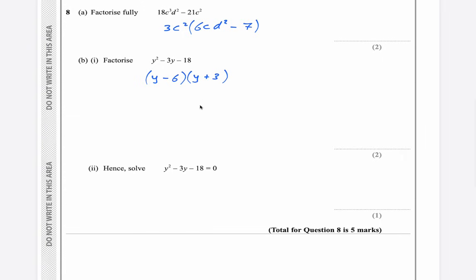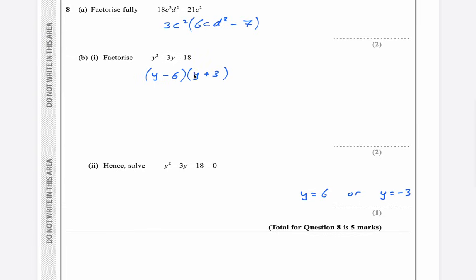So those are the factors. And then when he says hence solve this, well, it's only 1 mark, guys, so I'll just write down the answer. y equals 6 or y equals negative 3. Those are my 2 answers. It's when this equals 0, so y equals 6, and when this equals 0, so y equals negative 3. It's the opposite sign of those two.